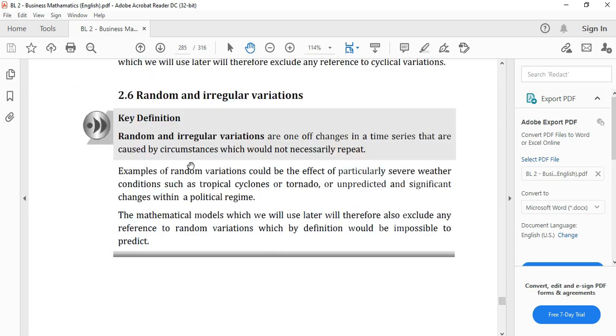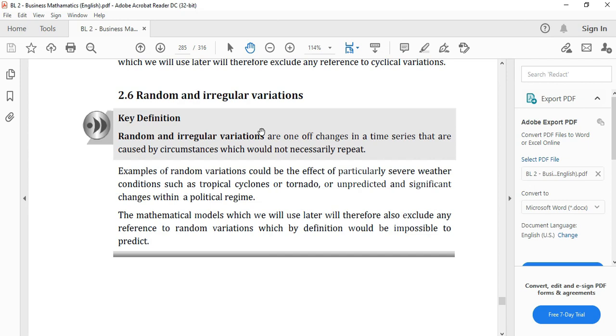And then random variation. Random variation is also known as irregular variation, where one-off changes in a time series are caused by circumstances that will not necessarily repeat. Example: a tsunami.